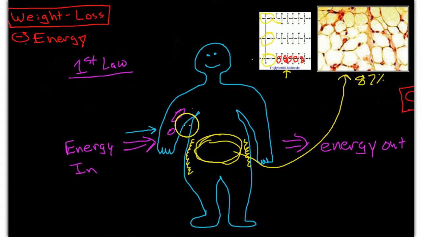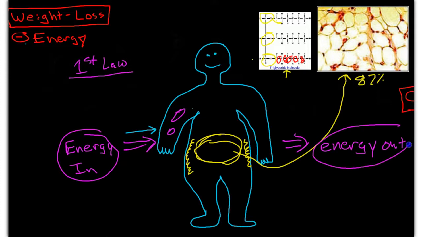So our body is an energy store of chemically stored energy in these complex molecules. When energy in is greater than energy out, our body ends up storing it in adipose tissue by making extra triglycerides, and we get fat.